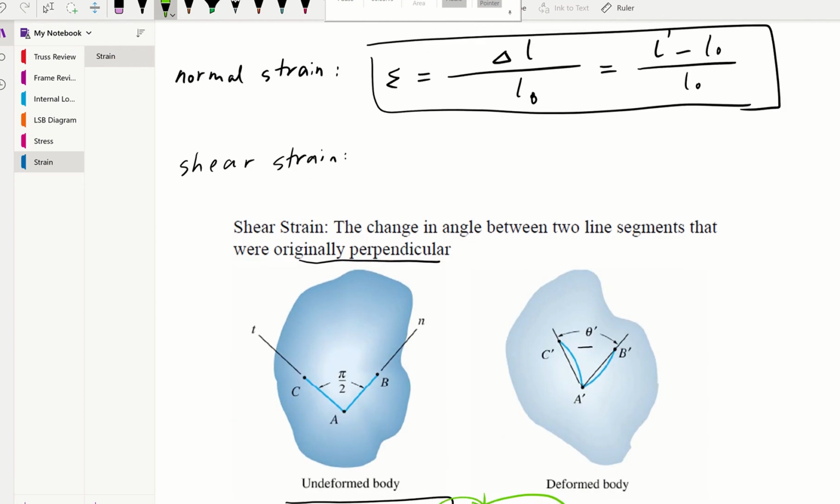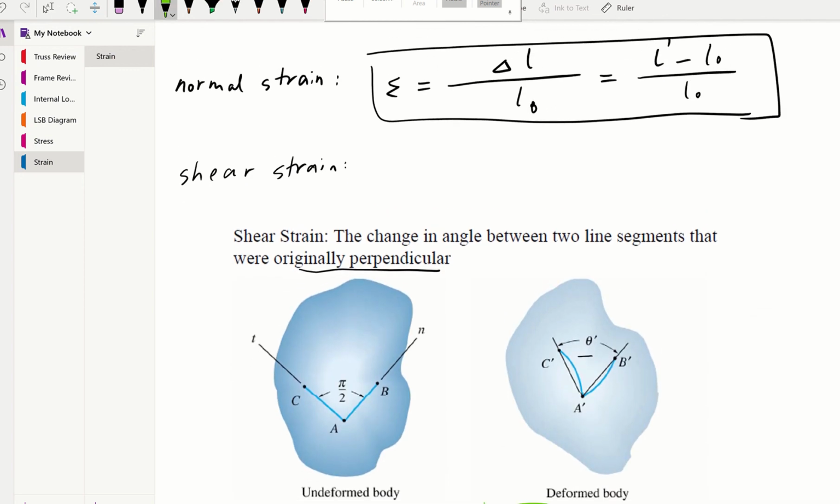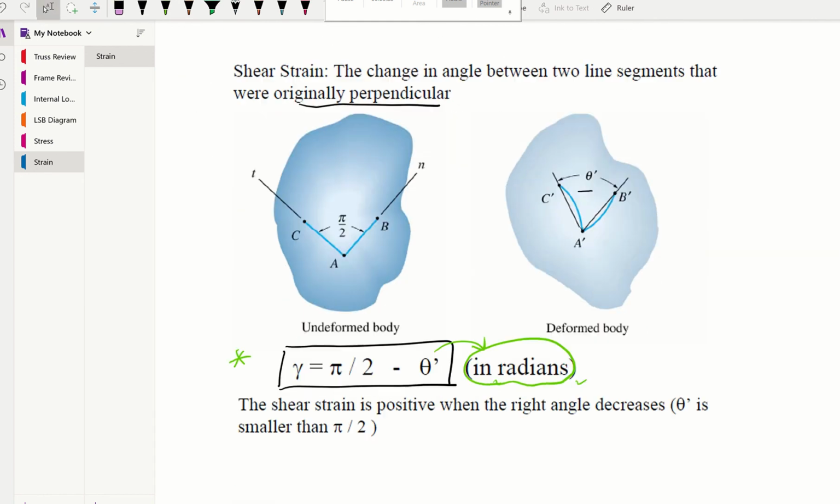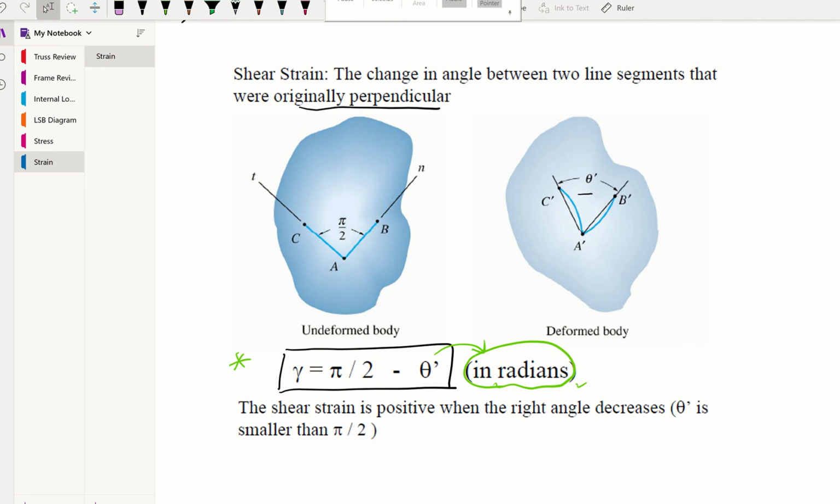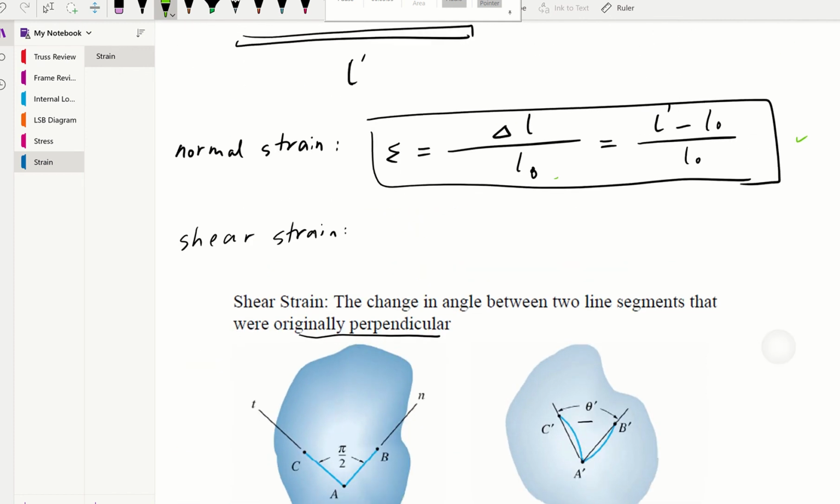So now let's look at those two equations. One is for the normal strain: epsilon is the change in length divided by the original length. And gamma is our shear strain: pi over 2 minus the final angle in radians. Now let's look at them.